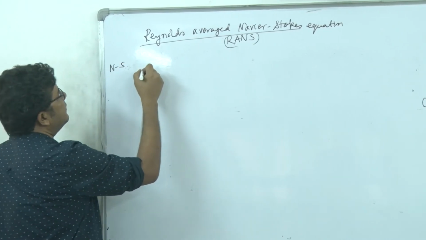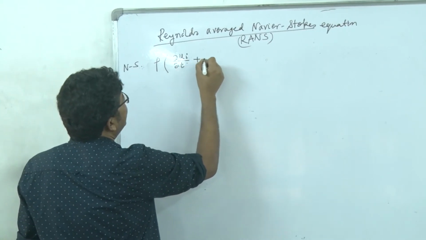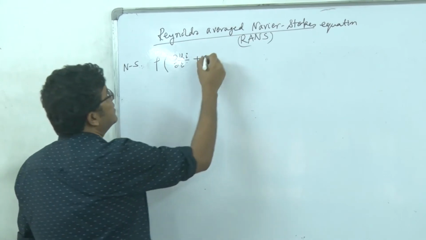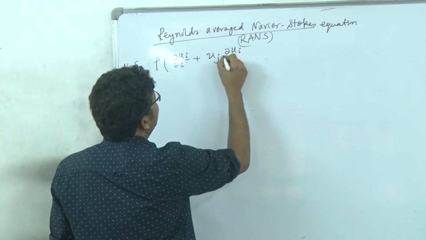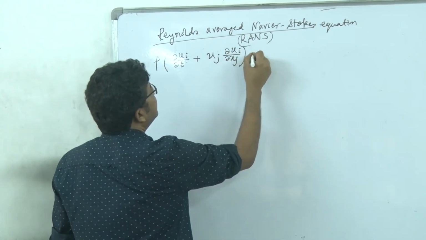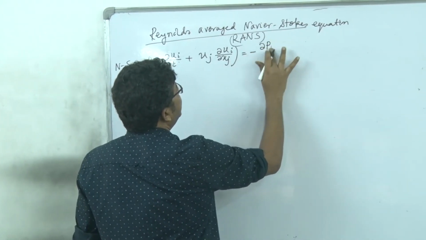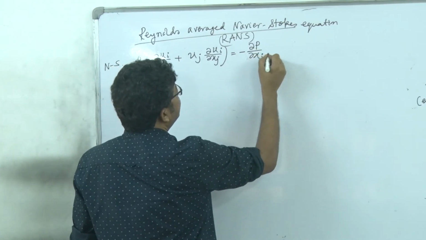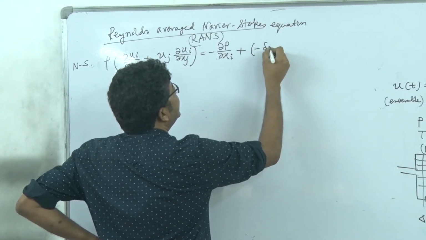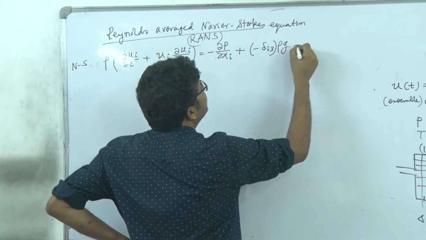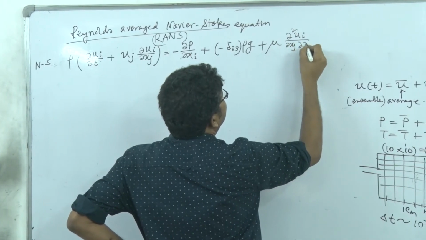Here we will write the form as rho into del ui del t plus, using the summation convention we have studied in vector, uj del ui del xj is equal to minus del p del xi plus minus delta i3 into rho g plus mu into del square ui del xj del xj.